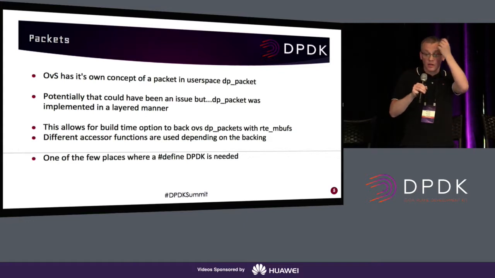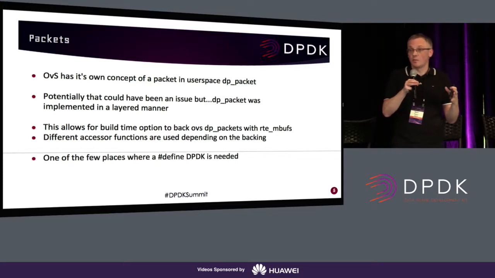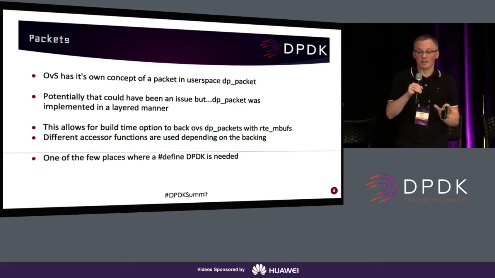Okay, so packets. OVS has its concept of a packet, and that's a dp_packet. So obviously there's a clash because DPDK has the rte_mbuf, and potentially that could have been an issue, but as it happens, luckily dp_packet was very well layered. I say luckily, but I'm probably 100% sure that it was done intentionally and just well-designed code.